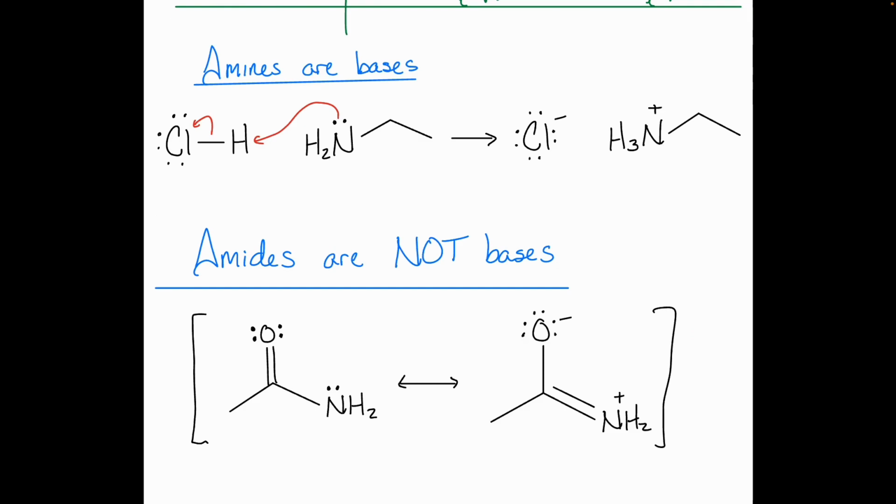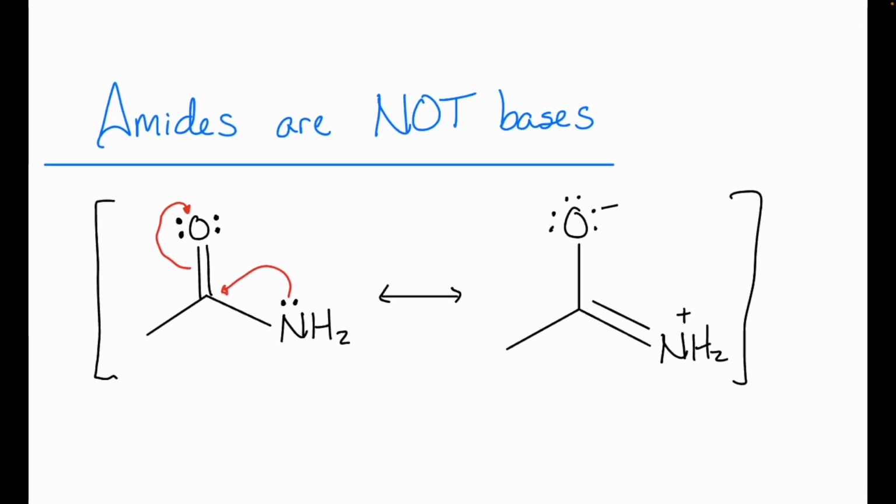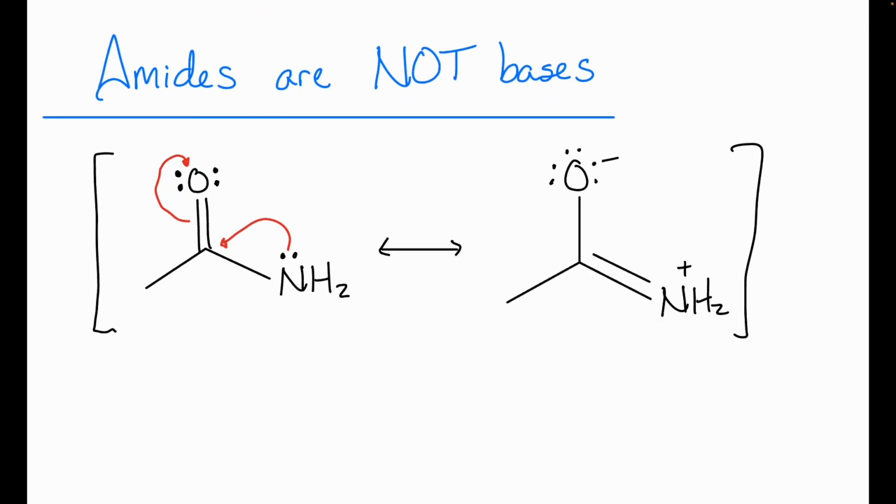That allylic lone pair can be donated to the carbonyl carbon, and that would kick that pair of electrons up onto that oxygen. So these are the two resonance contributors of an amide.